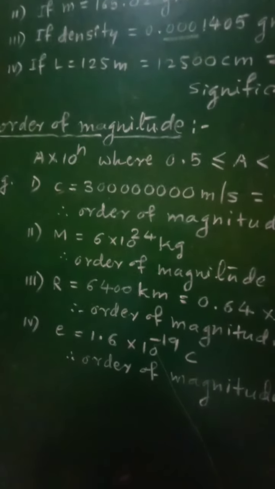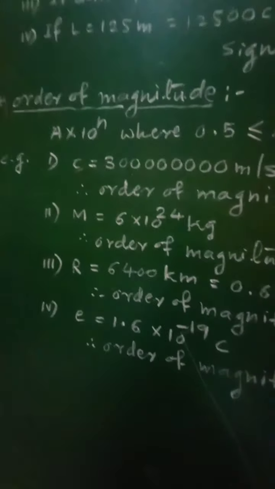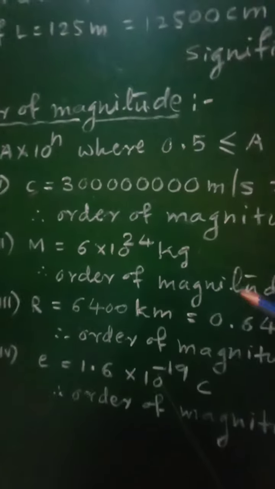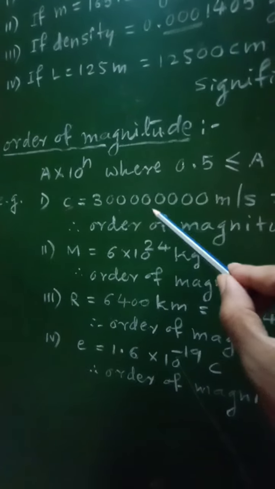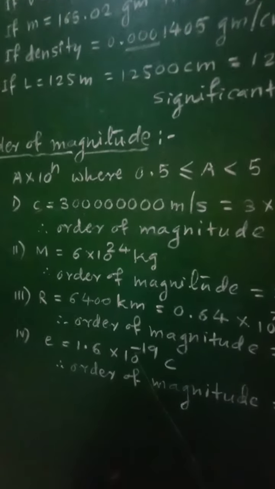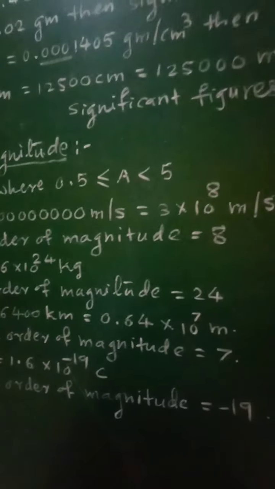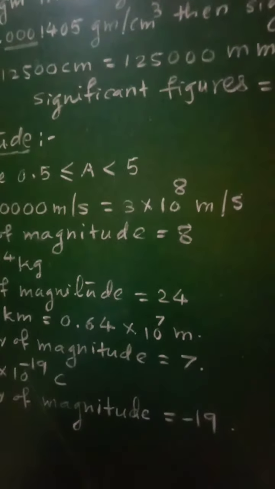Now let us consider some of the examples. First example is the speed of light. That is equal to 3,000,000,000. This is too large, and therefore in compact form it will be written as 3 into 10 raised to 8 meter per second.